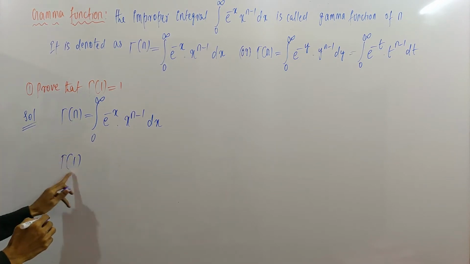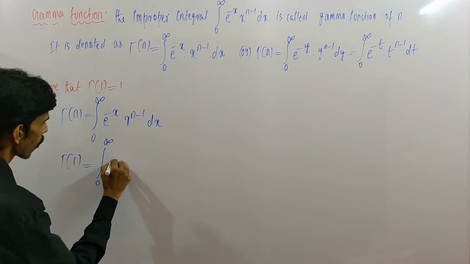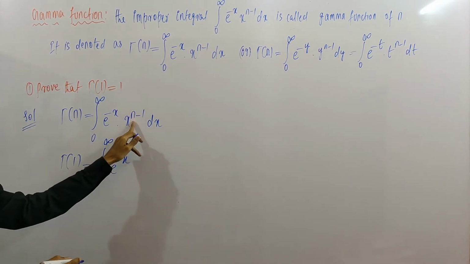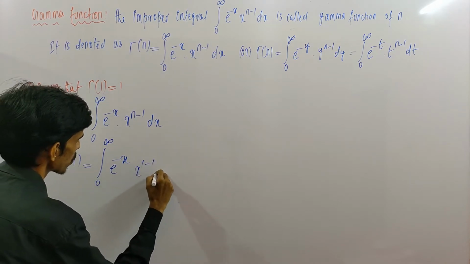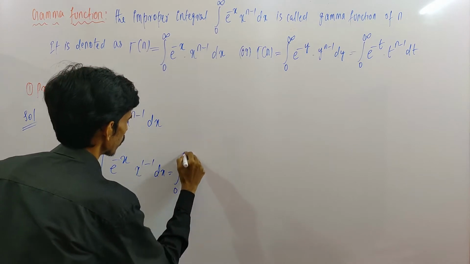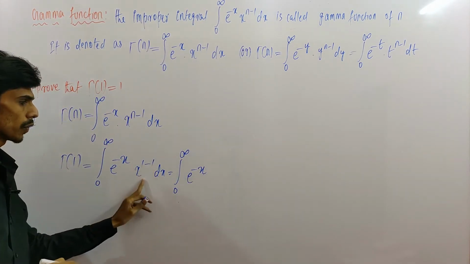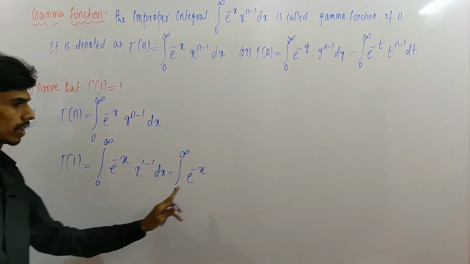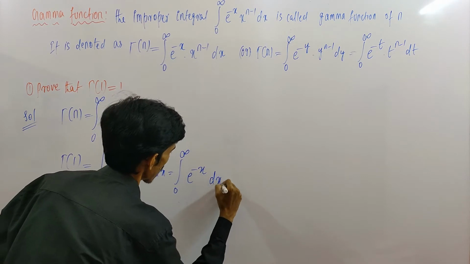In place of n we have 1, so we have 0 to infinity e power of minus x, x power of 1 minus 1 dx. That equals 0 to infinity e power of minus x, and 1 minus 1 is 0, x power 0 is 1, so we have the integration of e power of minus x dx.